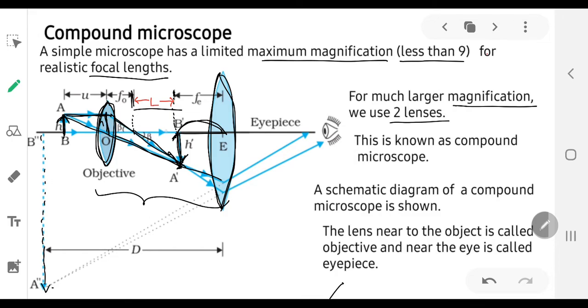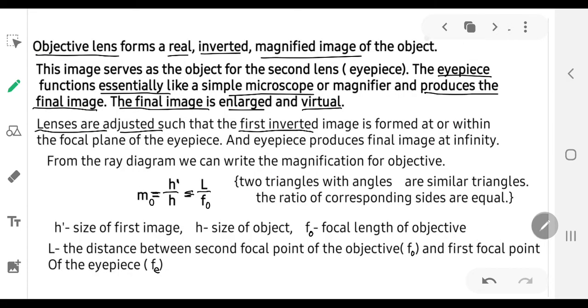The distance between these two is taken as L. So it is L divided by F naught. Let this be equation 1, the equation for magnification caused by the objective lens.